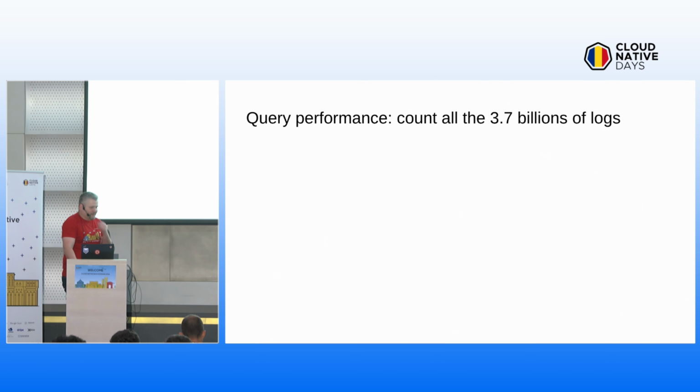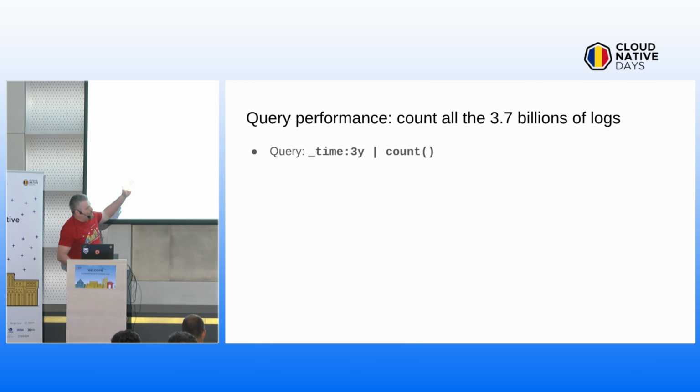So let's look at some queries over these 3.7 billion logs. The first query just counts the number of logs. By the way, the query language used here is LogsQL. It's a custom query language optimized for querying typical logs, and I hope it's easy to understand.